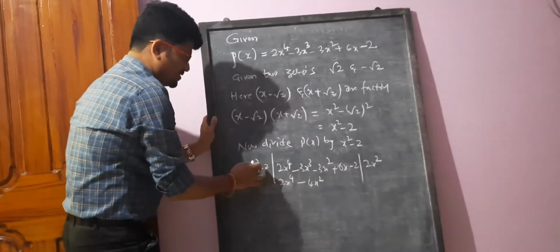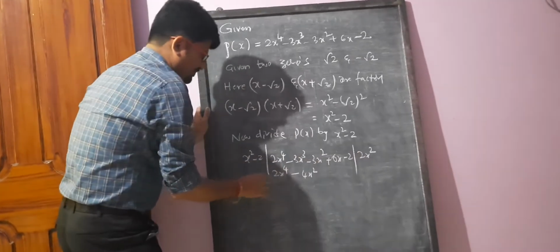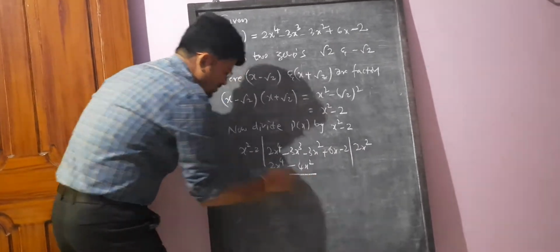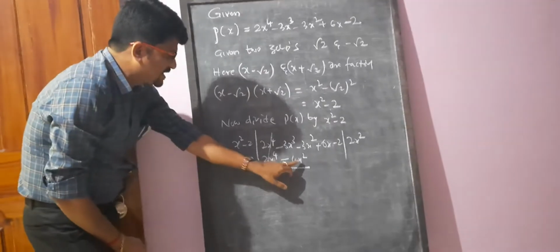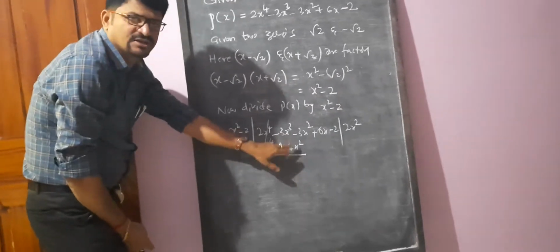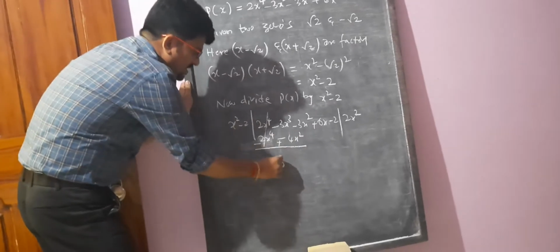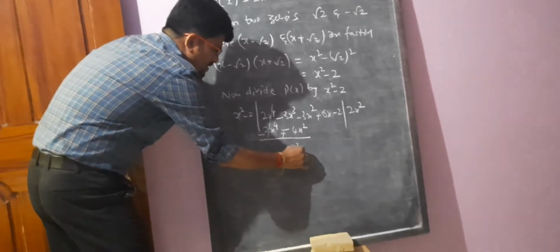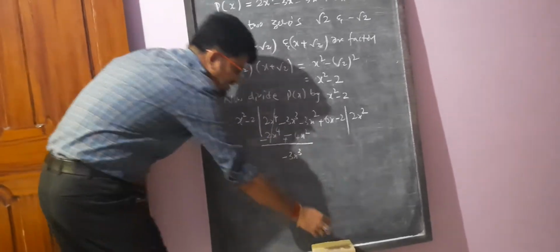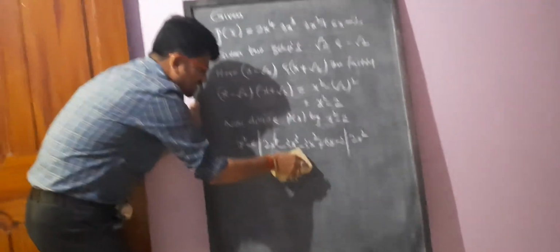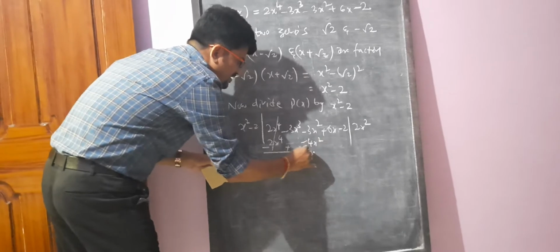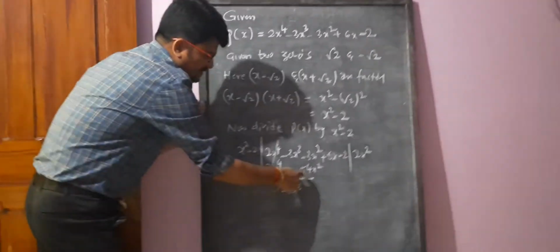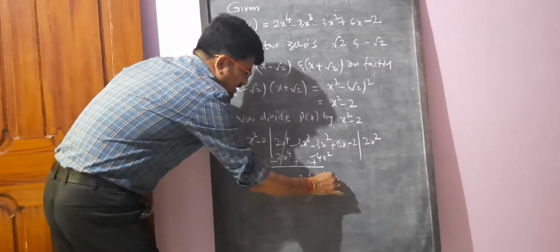Now change the signs: minus becomes plus. Children, here the x square term and this is the x cube term, there is no connection, so bring down minus 3x cube. Minus 3x square plus 4x square means plus x square.